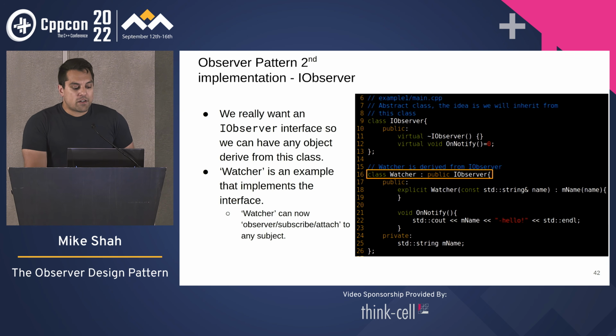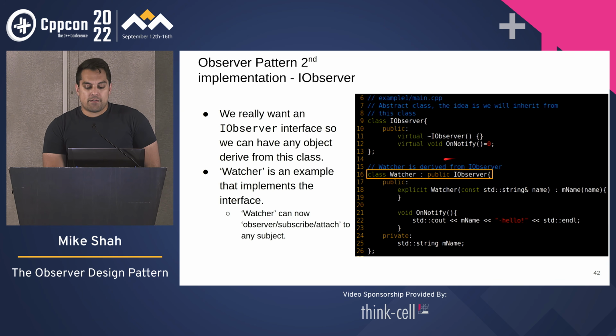For our observer, again, we want to have this interface so that we can have different types of observers subscribing to some subject, different things watching or different systems watching. In this example, I have our IObserver interface, but I've made this pretty much an abstract class here.